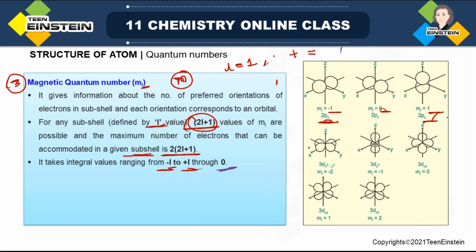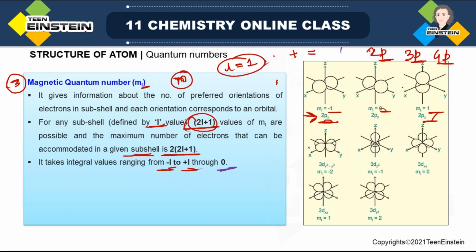No, it is also true for 3 or 4, because here we have taken particularly the principal quantum number as 2, but you get the same thing when it is 3px, 3py, 3pz. Whether you take 2p, 3p, or 4p, one thing is common, it is always p, and you just have to focus on what the L value is.